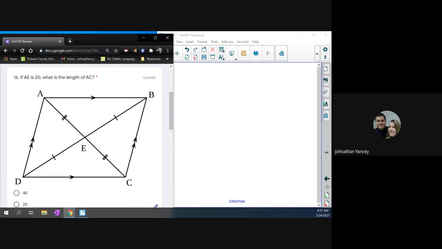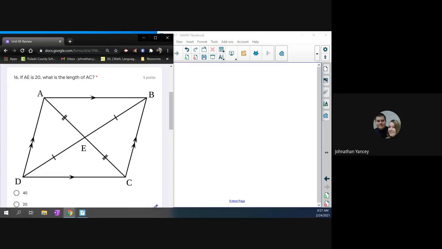Okay, so this one says that AE is 20, and it wants to know the length of AC. There's a couple ways we can go about this. Where's the other 20 coming from? Okay, hold up.